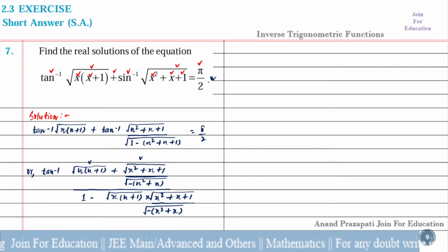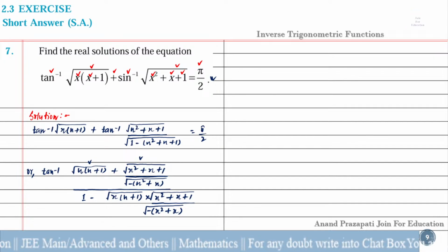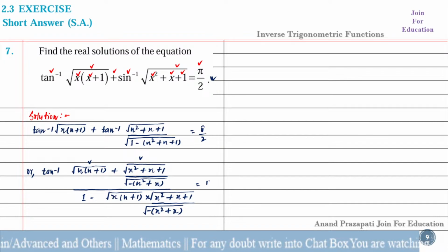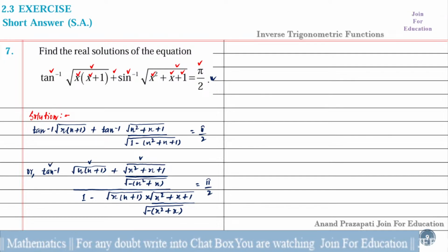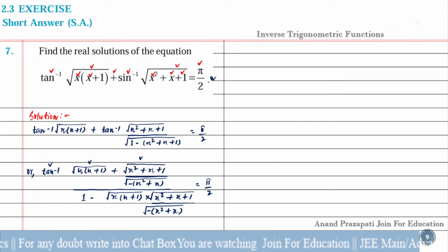Is there any problem understanding up to this step? And we write here equal to pi by 2. When the inverse moves to the right hand side, then in the right hand side we get tan of pi by 2.